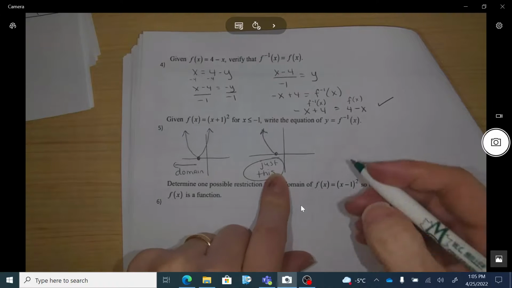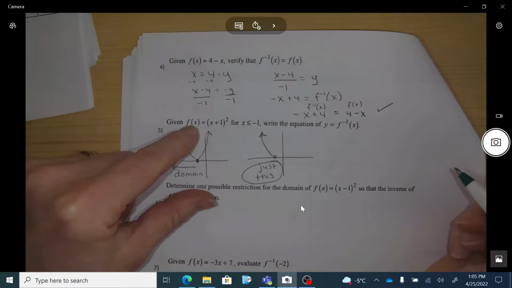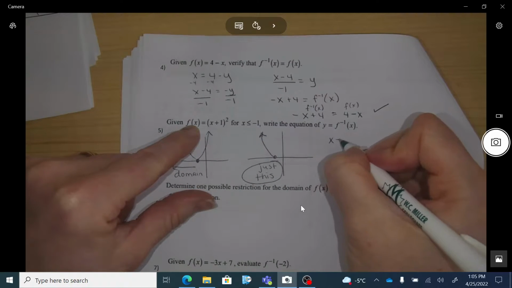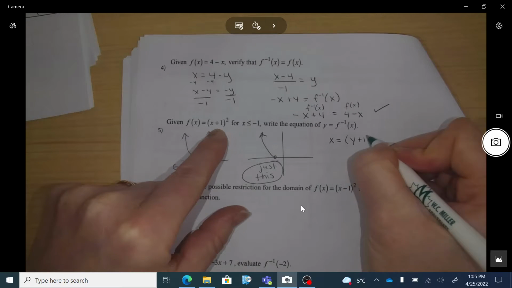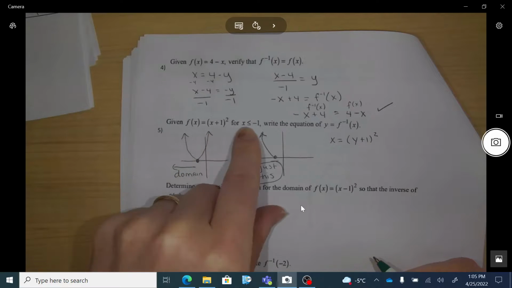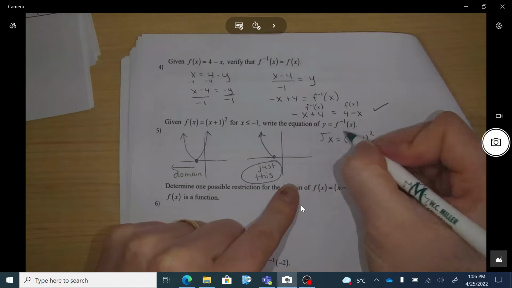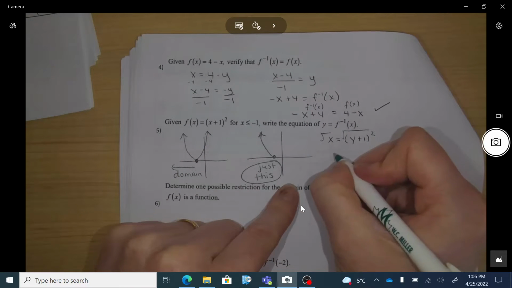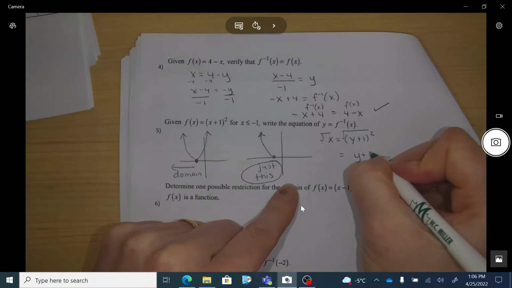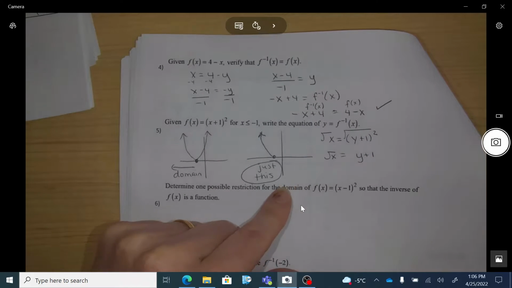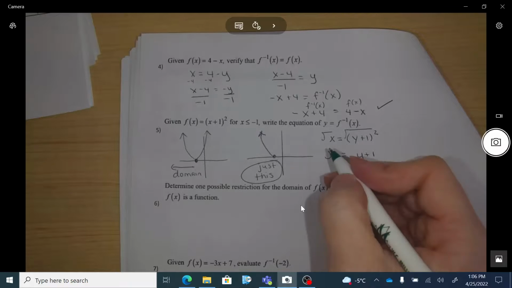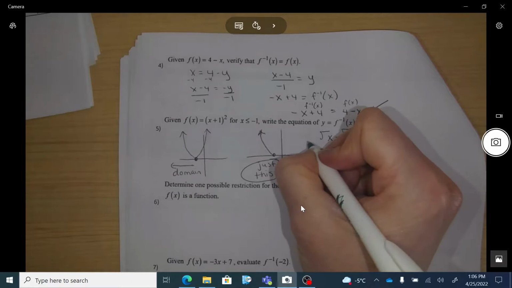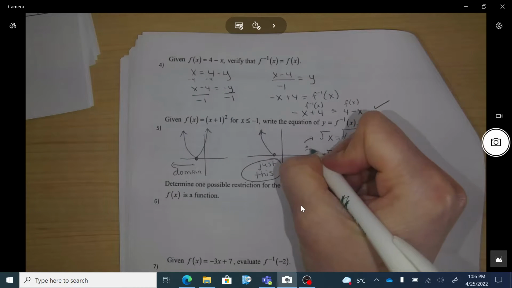Okay, so I'm going to do the switch. So this is the y, so now it's x. And now this is a y. So I'm going to square root. So once I do that, it gets rid of that. And so think about when you square root, this could be plus or minus the square root.